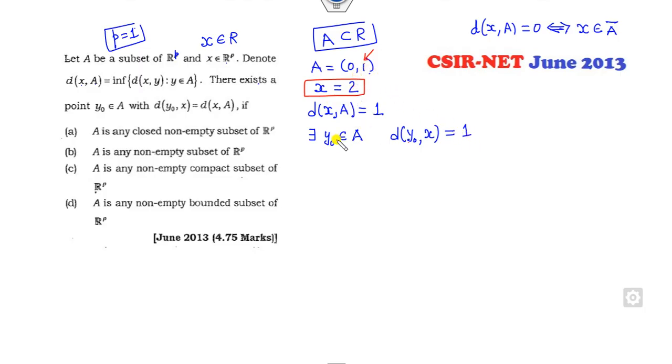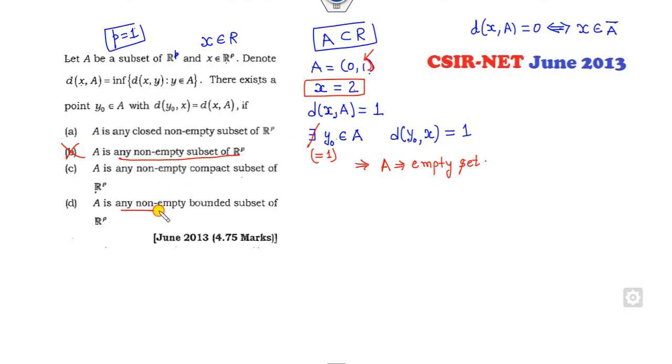Because it's a single element, this will happen only when you take y naught as 1, but it's an open interval, so there does not exist any y. So if I choose here, it means A is my empty set. If I choose this counterexample, A is the empty set, but he said non-empty subset of R. This is cancelled out.